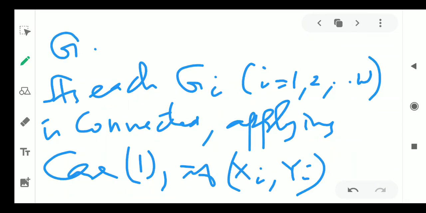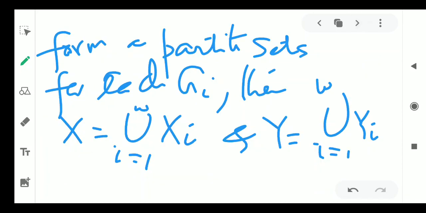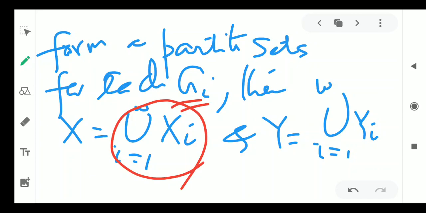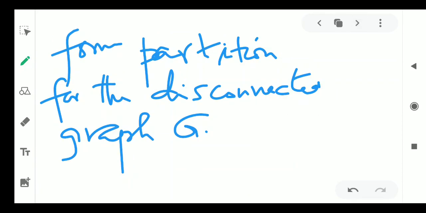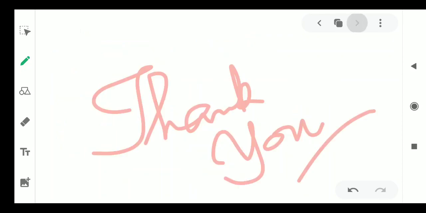As each Gi is connected, applying case 1, which we have already proved for connected graphs, let this be the partite sets for Gi. Then you take the union of all those partitions, and this pair X, Y will form a partition for the disconnected graph G. So that establishes the theorem completely.